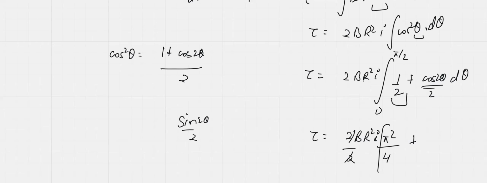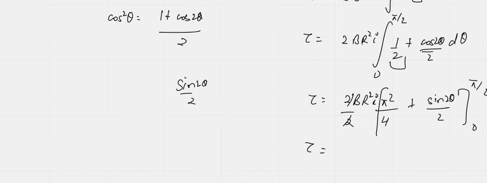There was already theta, but I'm not even bothered about that. So sine 2 theta by 2, also this theta went up from 0 to pi by 2. You can see when you put 0, still the answer is 0. When you put pi by 2, still the thing is 0. Okay, so the whole thing will actually come out as B r square I pi square by 2. This is what I'm going to do.